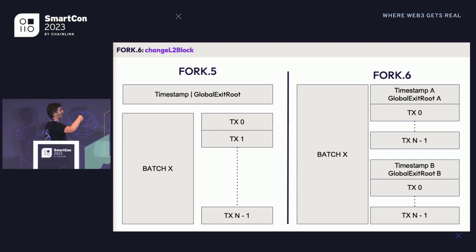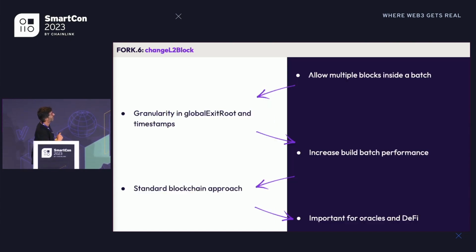So now in the Fork 6, what we have is, I would say, a granularity of this timestamp and global exit root inside the batch.